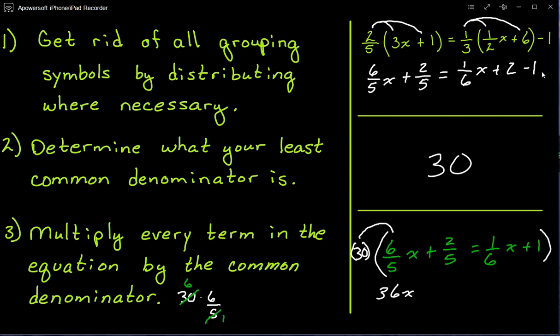Alright, so now we're going to multiply 30 times 2/5. And we can do the same thing we did before, which is cross-reduce. 5 goes into 5 once, 5 goes into 30 6 times. Now you have 6 times 2, which is 12.